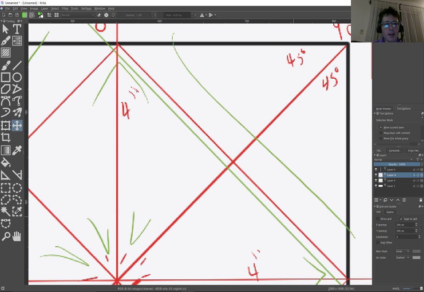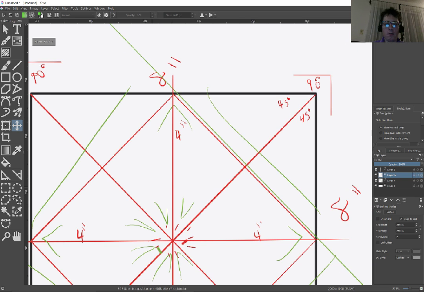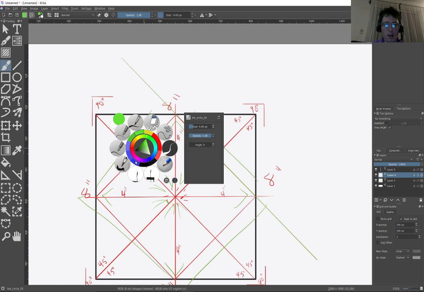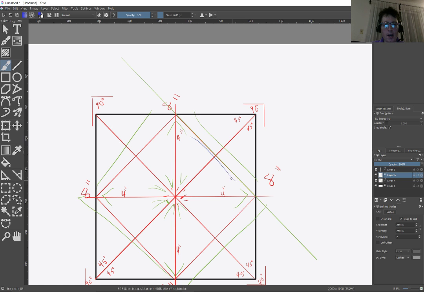Well, this line, if it's at a 45-degree angle, like this one, my hand-drawn one was pretty close, we can guarantee that it's parallel to this line. Let's get a new color. So these lines are all parallel, just like these lines are all parallel. And also, we can figure out a lot of perpendicular lines to these.